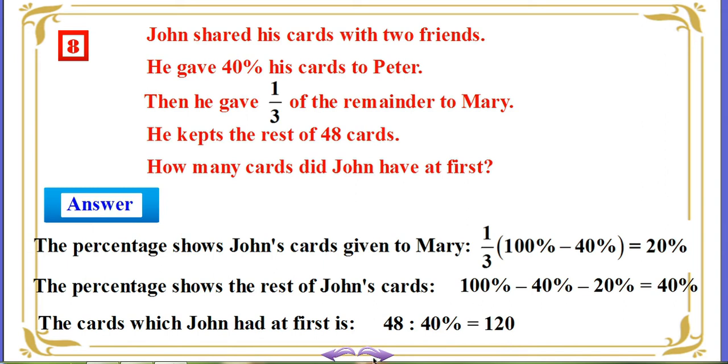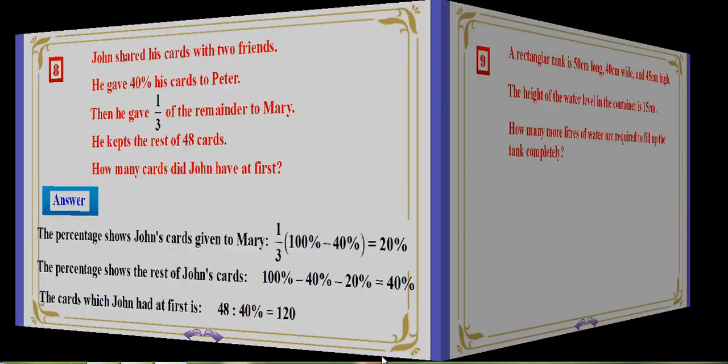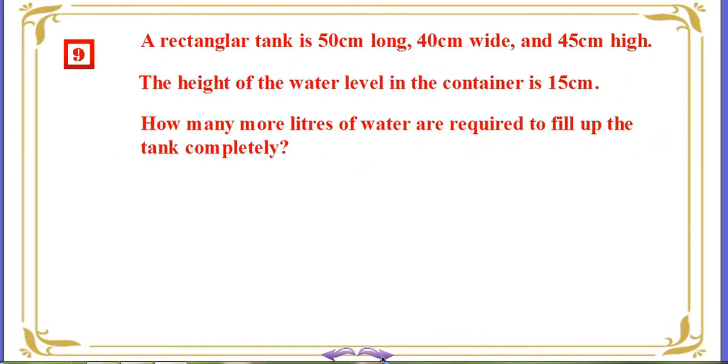Then we go to do exercise 9. A rectangular tank is 50 cm long, 40 cm wide, and 45 cm high. The height of the water level in the container is 15 cm. How many more liters of water are required to fill up the tank completely?